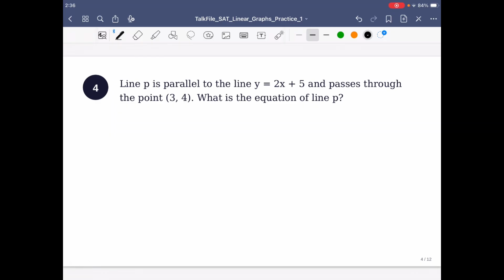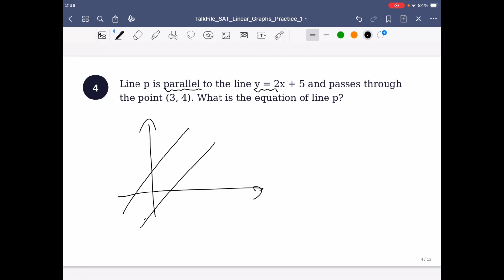Line P is parallel to the line y equals 2x plus 5. Parallel means the two lines have the same slope, the same gradient. So for this line, we don't need any other information. We only need the slope, in this case 2.